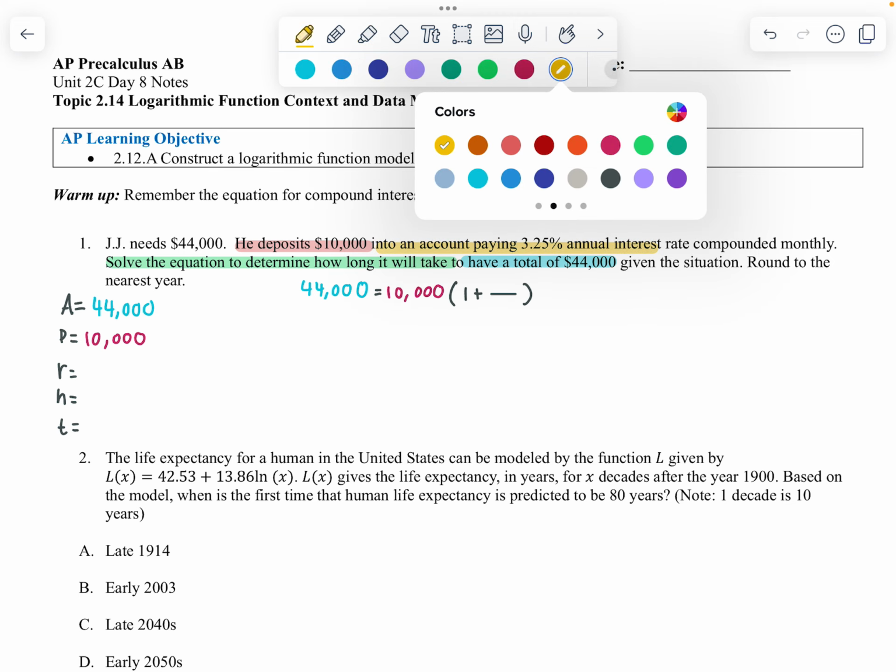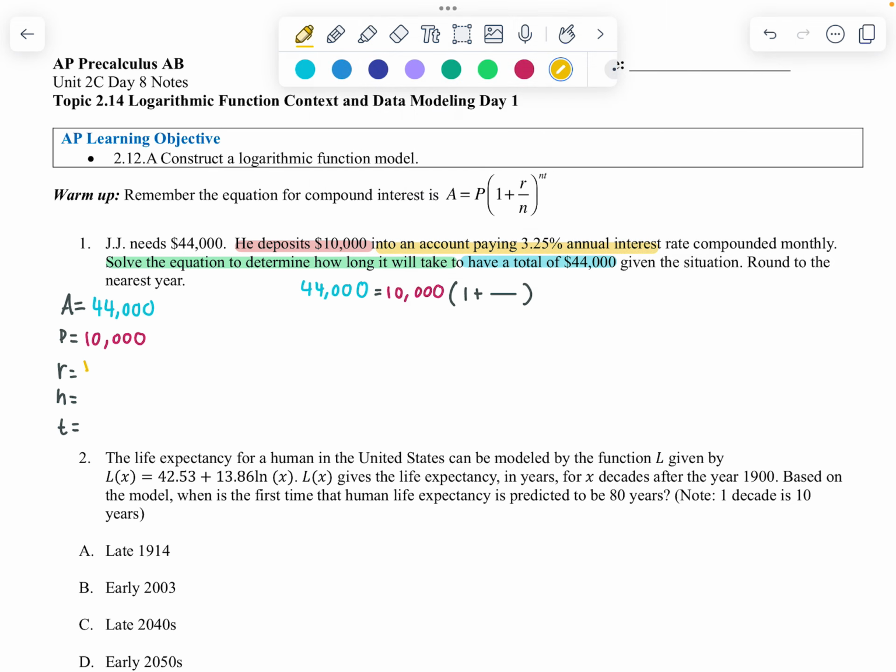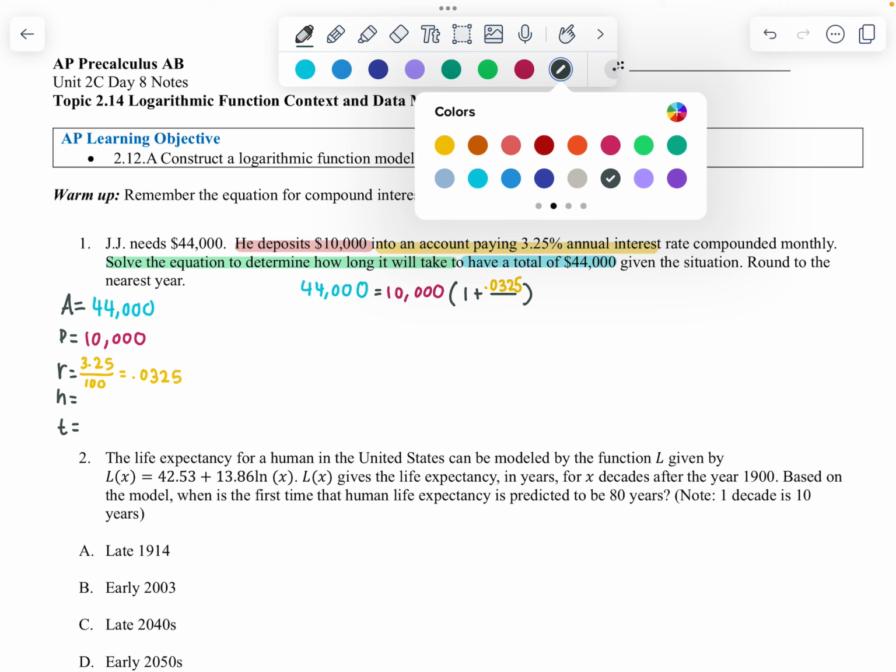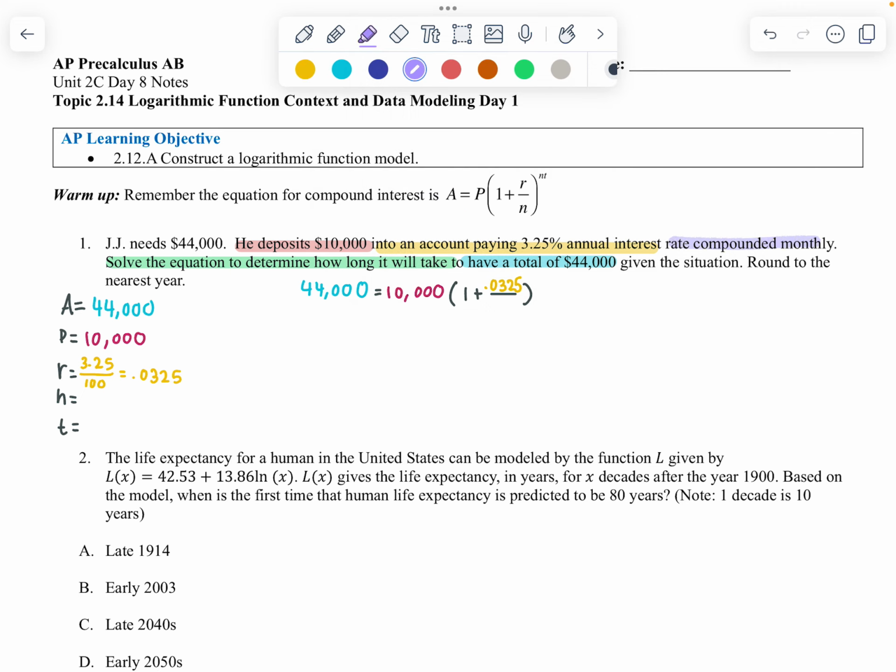To figure out our rate, we take our percent, divide it by 100, and we get 0.0325. So our rate is 0.0325. And it says compounded monthly.